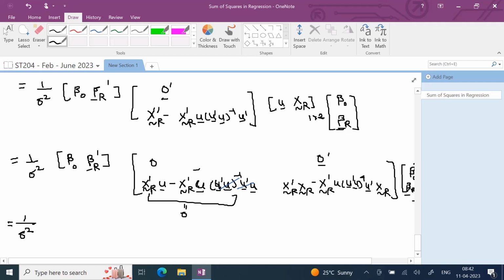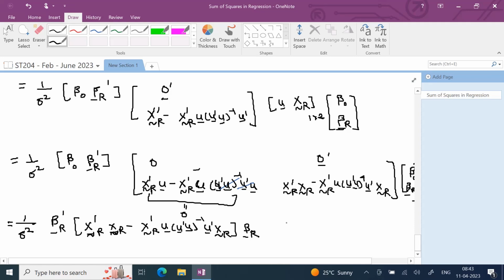So what I'm left with finally from this product is beta r prime, then just the fourth term, xr prime xr minus, sorry, these are matrices, not scalars, xr prime u, u prime u whole inverse, u prime xr, whole into beta r.